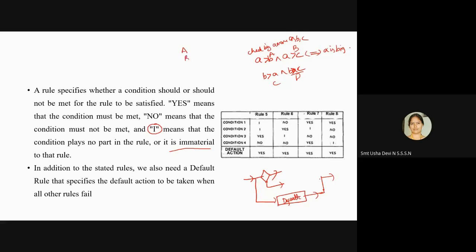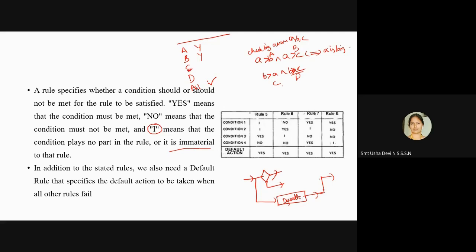Suppose I am writing a decision table like this, A, B, C, D. Here I am preparing action 1. If A greater than B is true and A greater than C is true, then action 1 is going to be executed. What about the C condition?